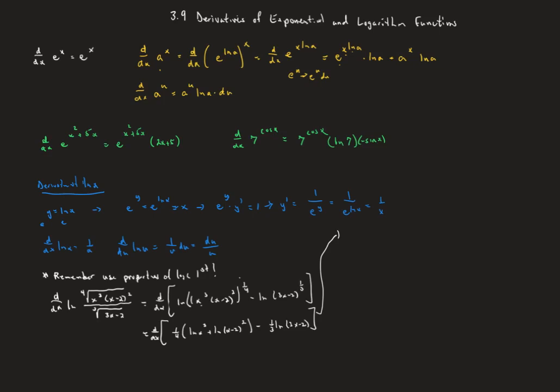So now we can try to find eventually the derivative of this, and we can use more properties of logarithms. I'm going to bring this in front and distribute the 1/4 to call that 3/4 natural log x.